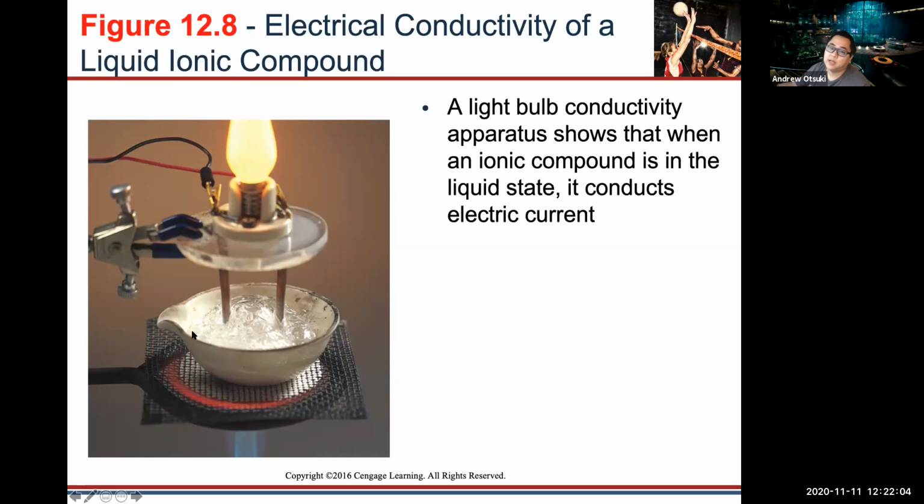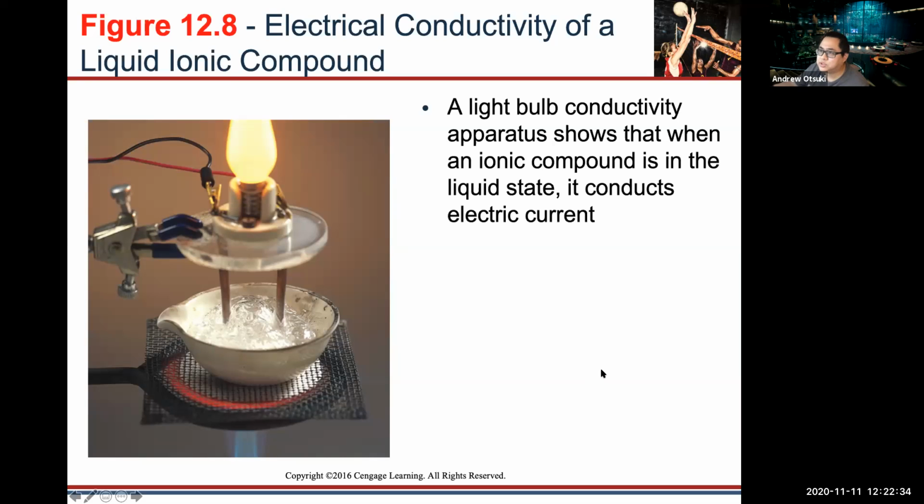So if we were to put a solution here of water and, say, salt, something that produces ions in solution, you'll get electric current, and you can actually power things, because these form solutions that are very good conductors. It conducts electric current, and that's one of the great properties of ionic solids and materials in general. Okay.